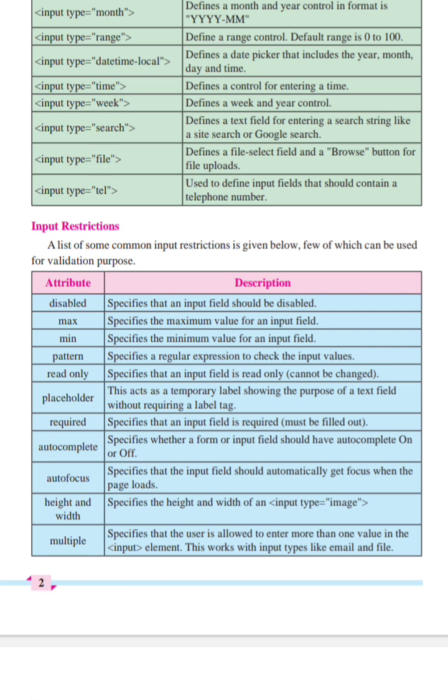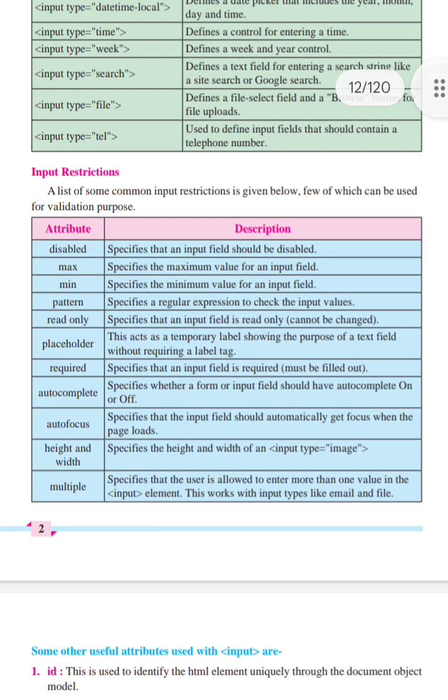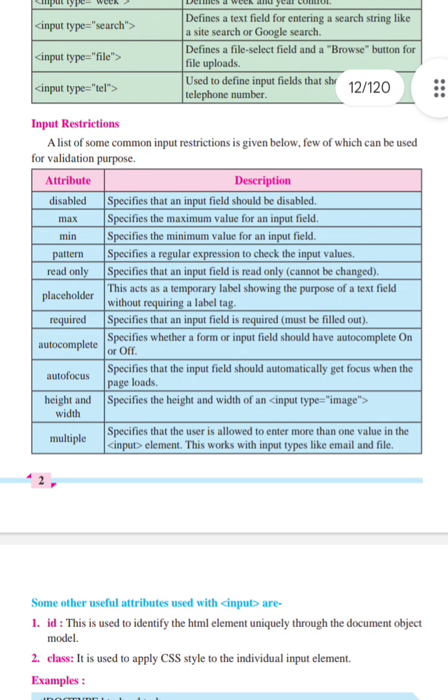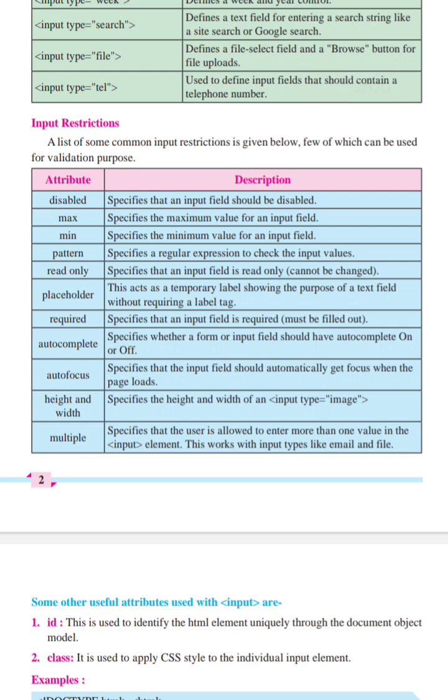Whenever you are filling a form, you can enter the exact time at which you are filling it. Input type equal to week defines a week and year control. Input type equal to search acts like a search engine on that particular website. Whatever data you want to search, you can search through that.